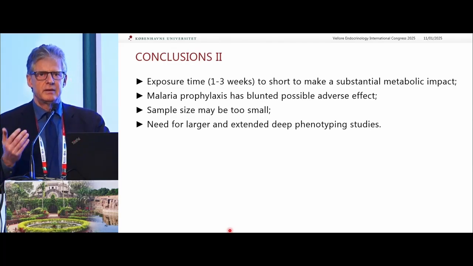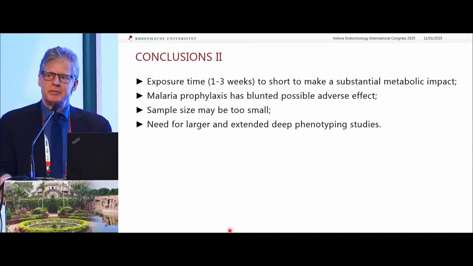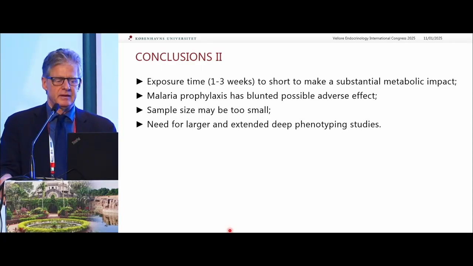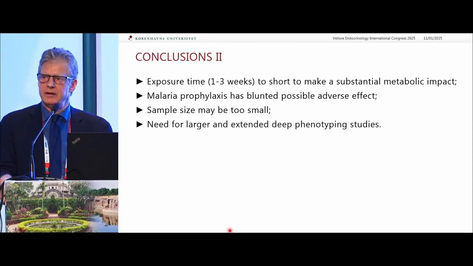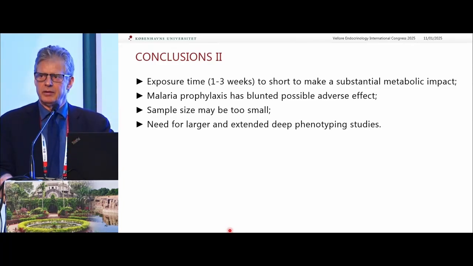So we are not seeing the real effects that may be out there in real life. It may also be that the sample sizes were too small, that the study was underpowered. We did not find the number that we wanted. We wanted at least 20 in each group, and in two of the groups we had fewer than 20, and that was based on a power calculation on the M value.